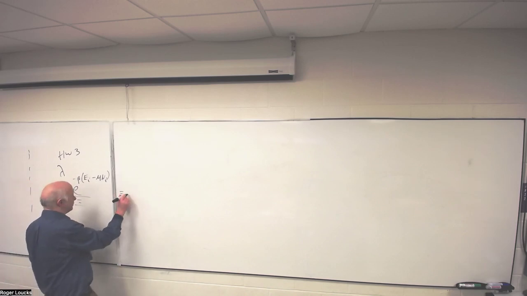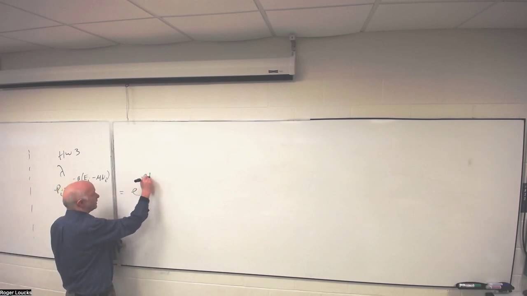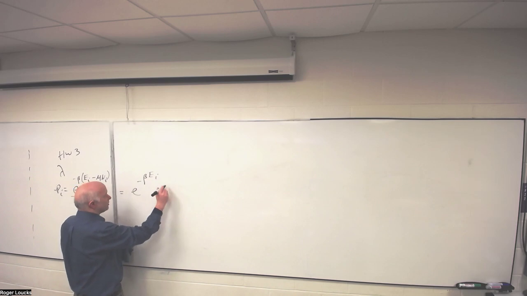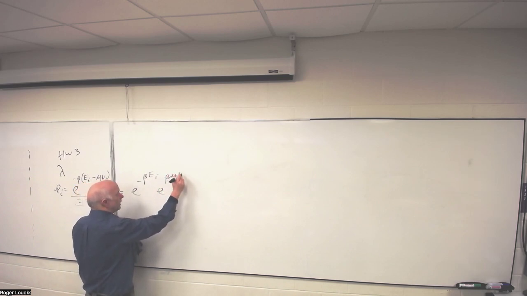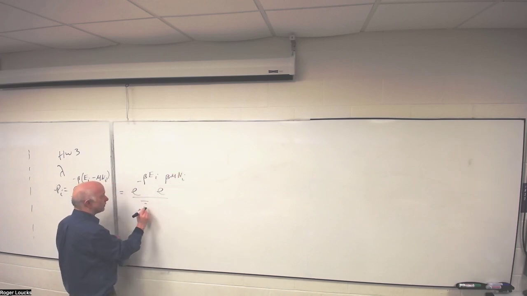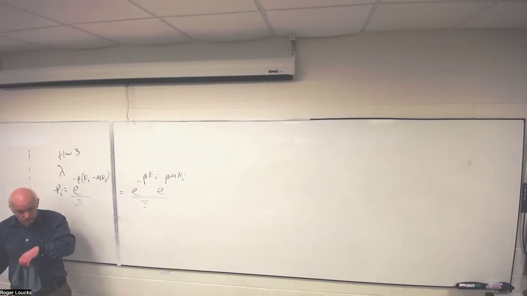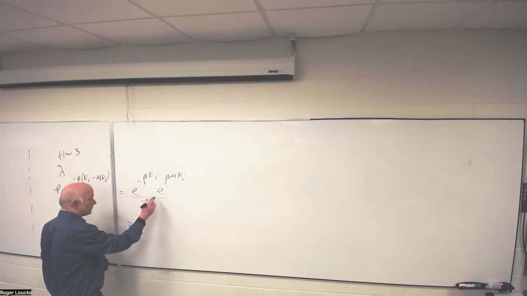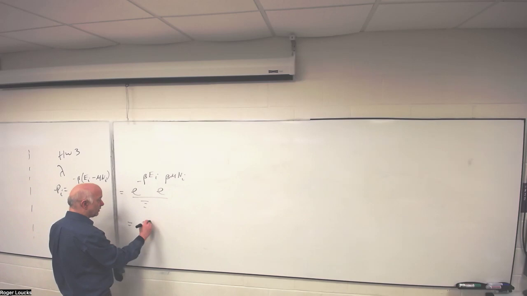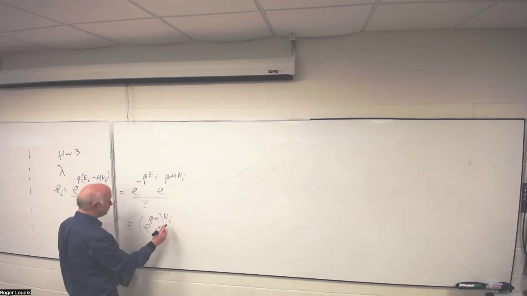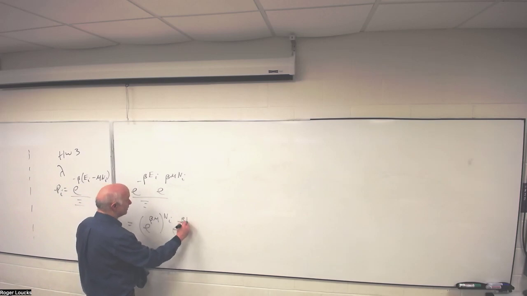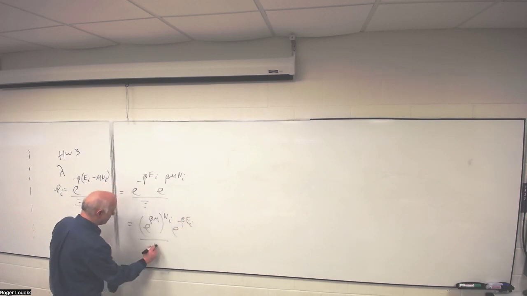I can rewrite this as e to the minus beta E_i, e to the beta mu, over the partition function, which I can rewrite by taking this out front: e to the beta mu, over the sum over i of e to the minus beta E_i, over the partition function.